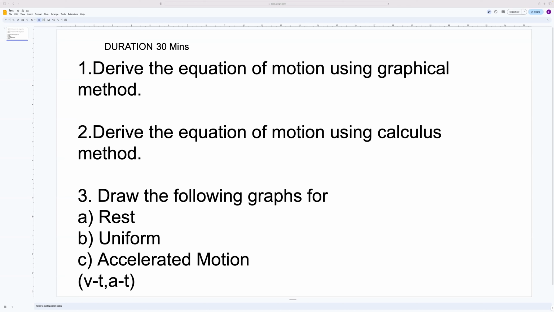So any doubts that you have now? Since you wrote the test now, any questions that you have? Sir, I'm not sure about my accelerated motion graph. That alone, sir. Okay.